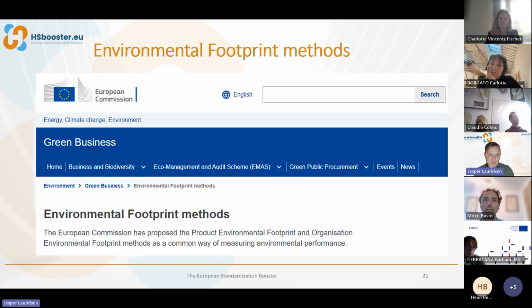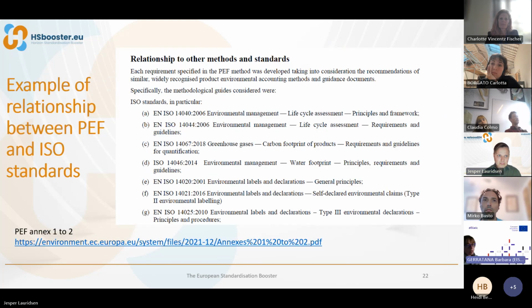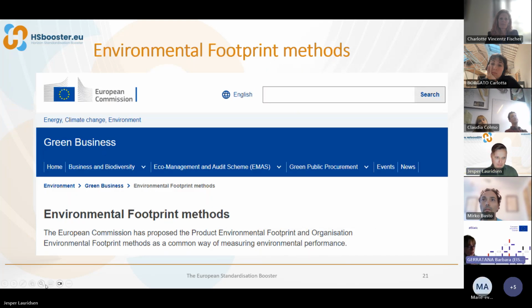So, yeah. Sorry. It's the self-declaration in 21. What is it? It means that they do their own LCA following the 40 and the 44, or they can declare whatever they want? They can.